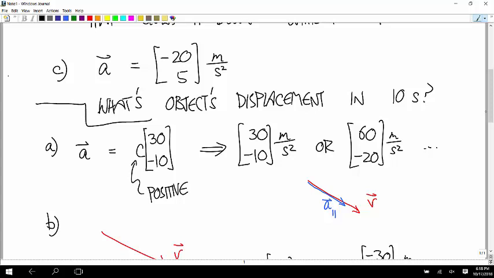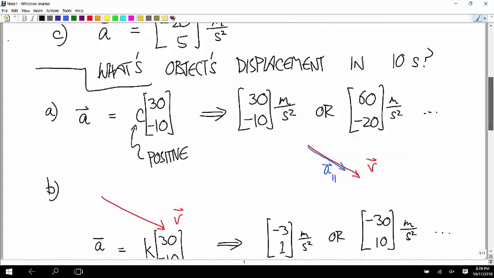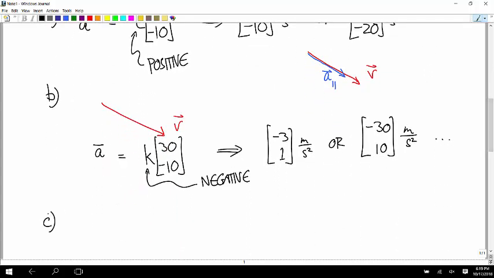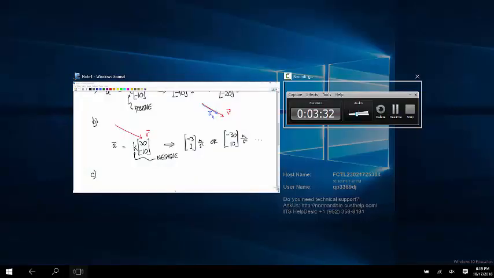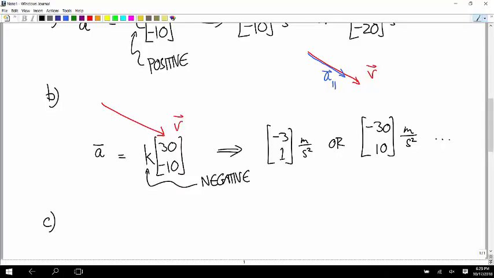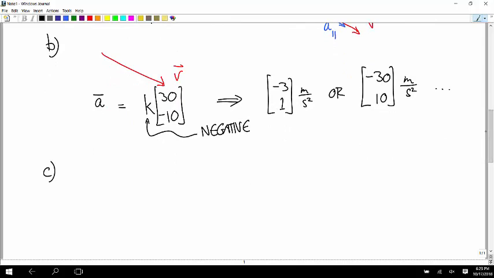Okay, so now for part C, say that's the acceleration vector, and see if you can calculate the object's displacement if it undergoes that acceleration for 10 seconds. When we do these problems, like the free fall ones, we always start by defining our time equals zero and our time final.